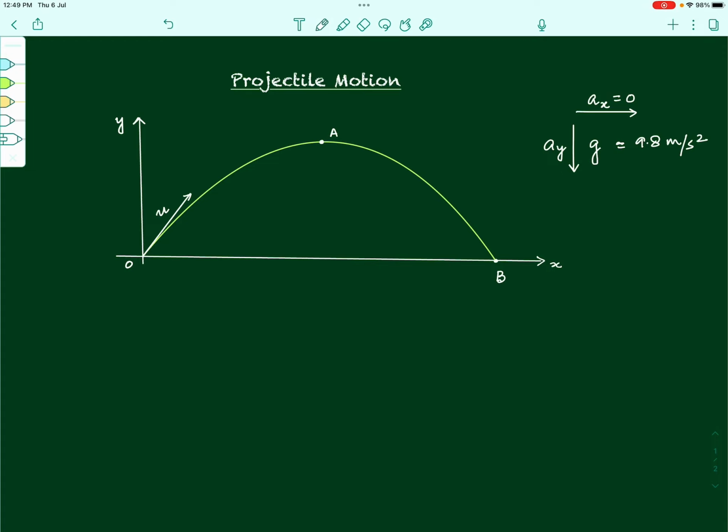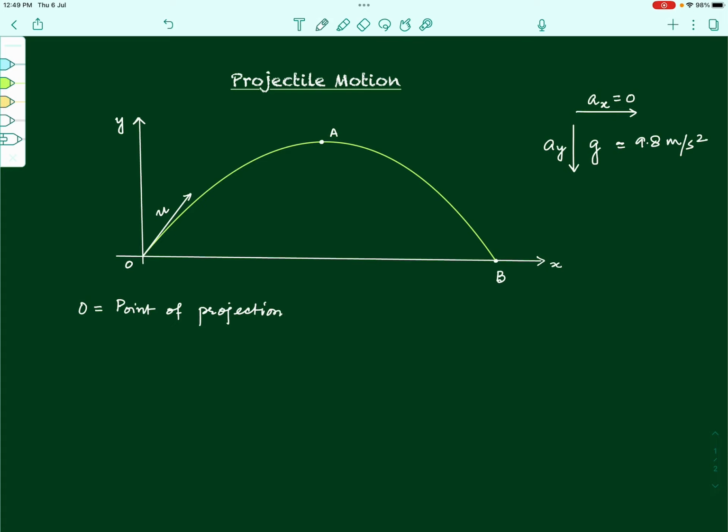So, before we proceed towards studying it in detail, let us first familiarize ourselves with some technical terms that we are going to use here. I have drawn the figure here for a projectile which moves in this curved path, having been projected from the point O. O is the starting point. So, O here is called the point of projection, the point from where the projectile is projected.